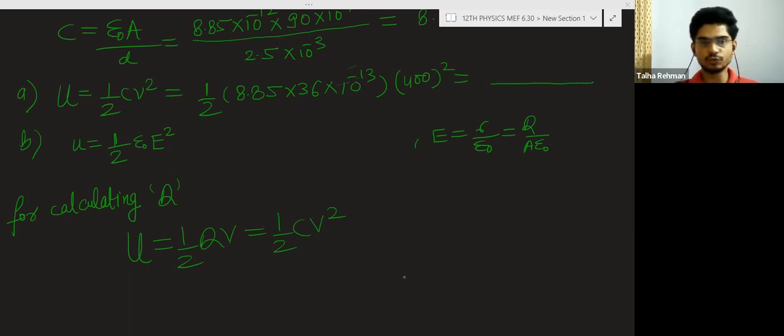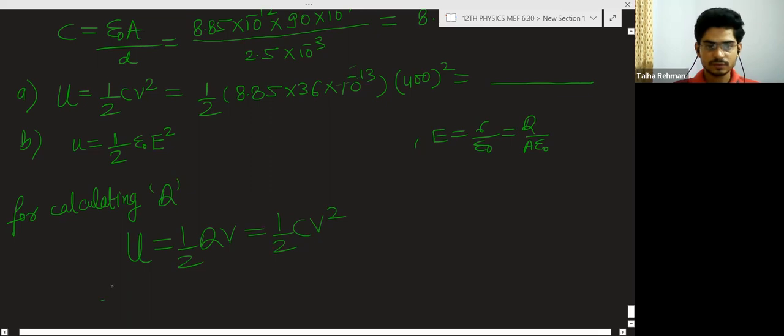Put the value of U. What is the value of U? U is half into 8.85 into 36 into 10 to the power minus 13 and 400 square, equal to half QV.